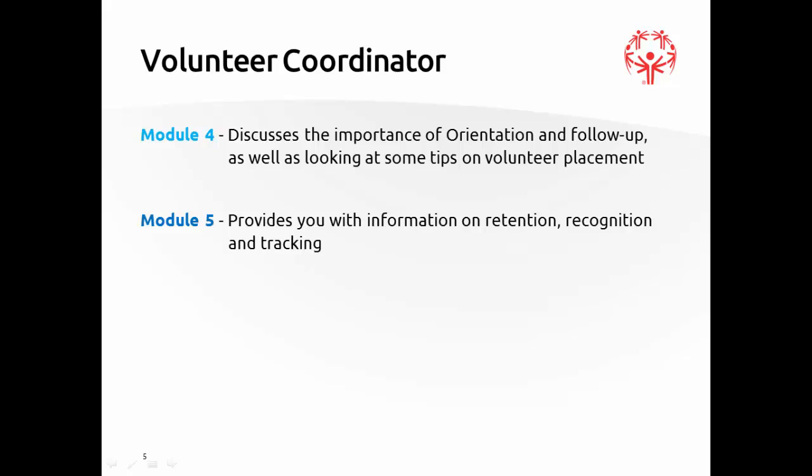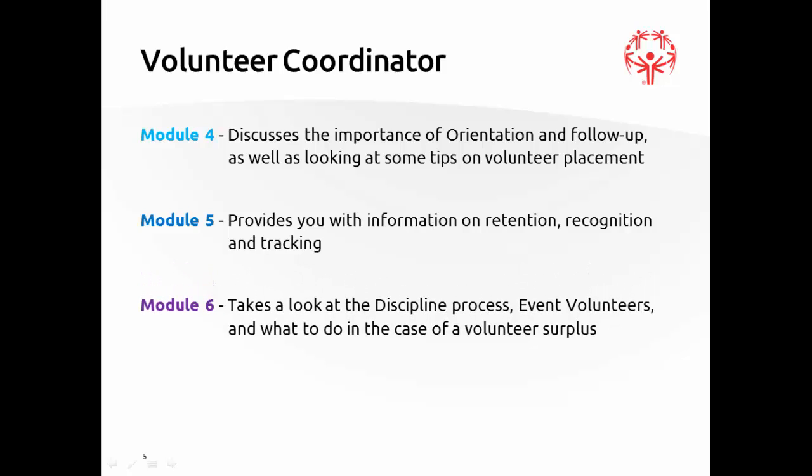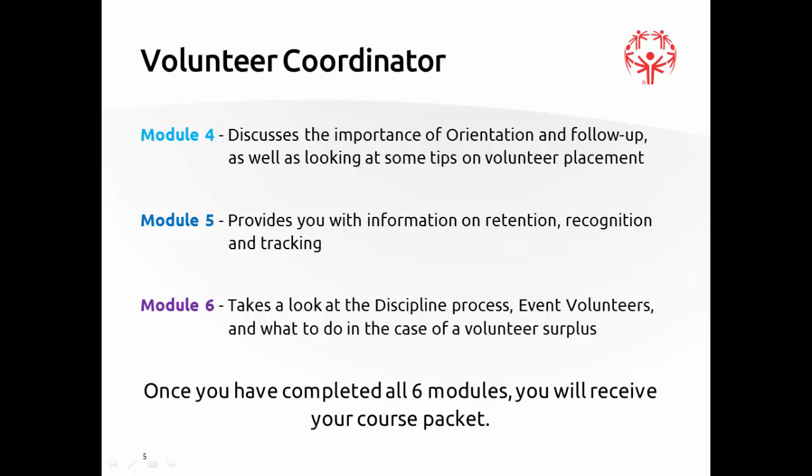Module 5 will provide you with the information on retention, recognition, and tracking. And finally, Module 6 will take a look at the discipline process, what are event volunteers, and what to do in the case of a volunteer surplus. Once you have completed all 6 modules, you will receive your course packet.